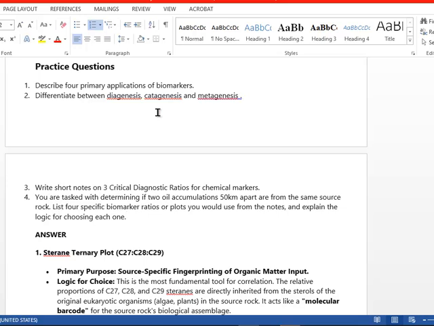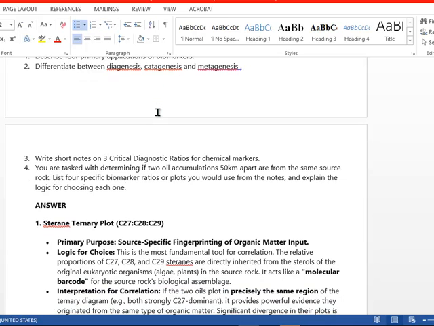The proportions of the steranes will determine whether the crude oil is from a marine source, you know, when you say marine, that's of course water, or from a terrestrial source.